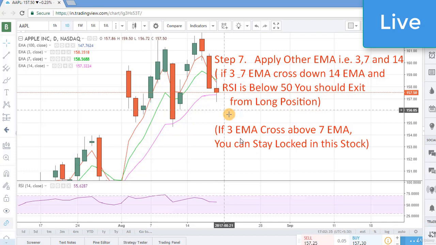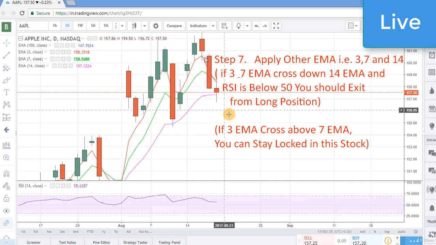Another thing that can happen tomorrow is if this red line, which is currently below the green line, the 7-day moving average, comes above the green line again.